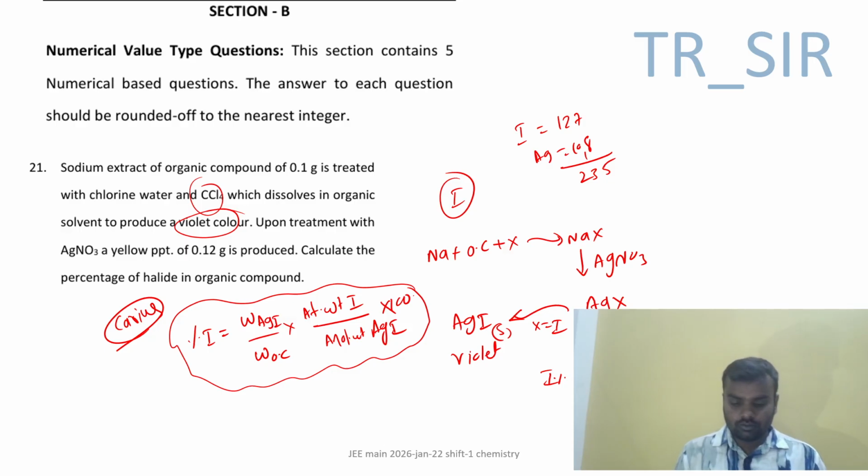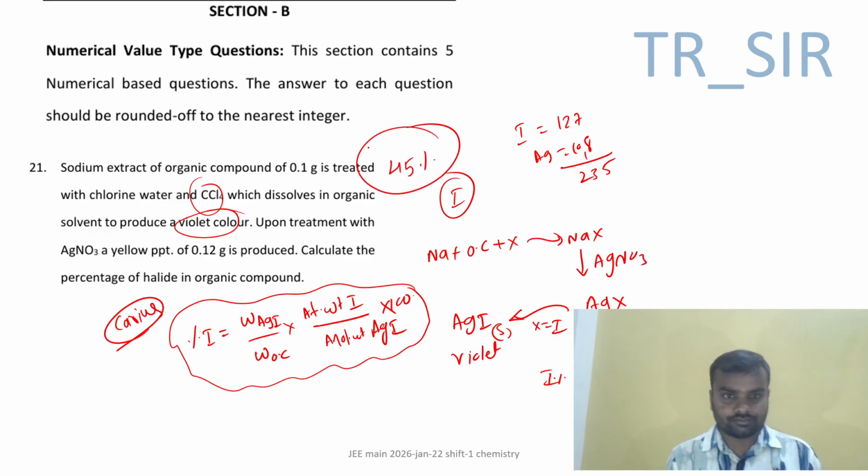It is 127 into 0.12 divided by 235 into 0.1, so you're getting 65 percent. 45% will be the right answer for this question. So the option is not there. The answer for this one is 45 percentage of iodine.